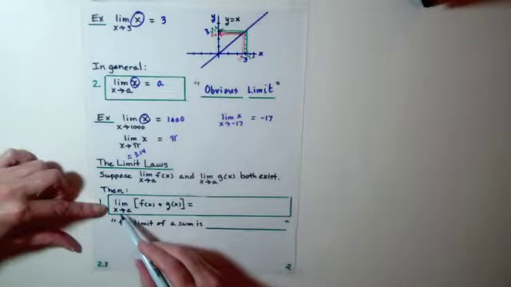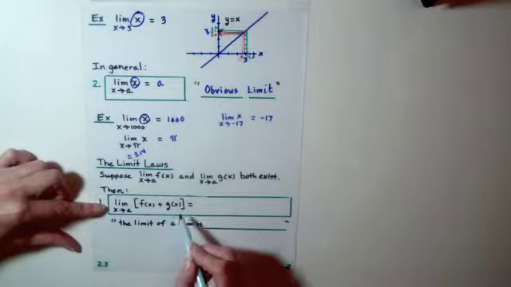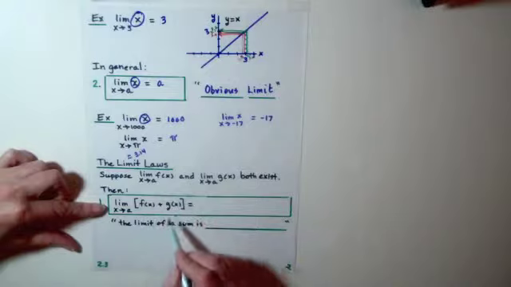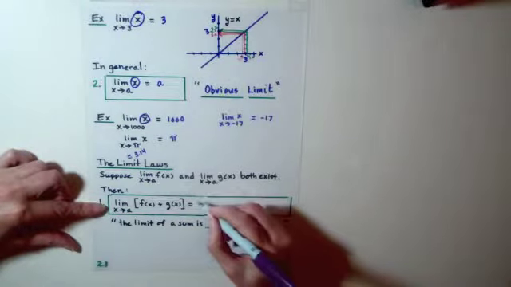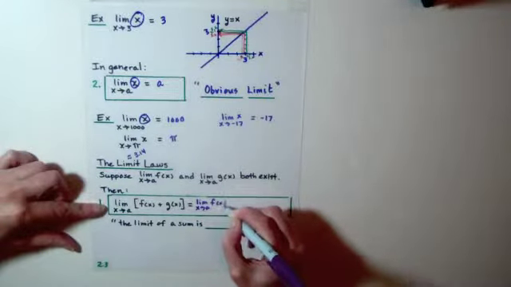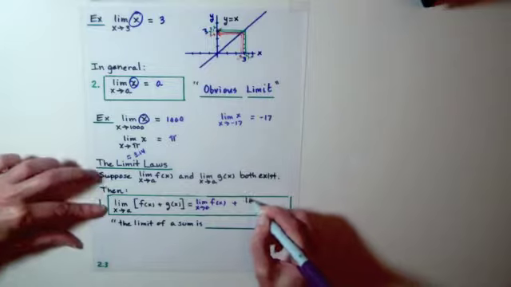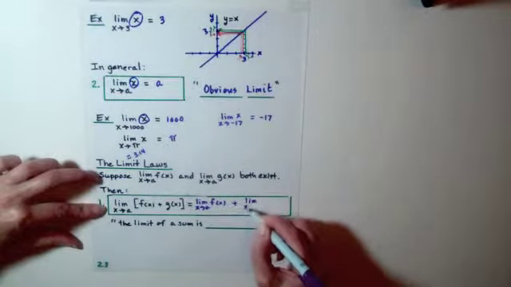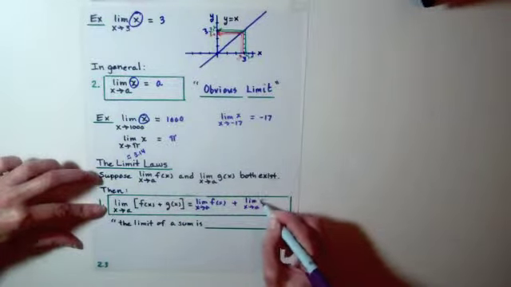In other words, the limit as x approaches a of f of x plus g of x, that more complicated sum function, can be broken down into two simpler limits. The limit as x approaches a of f of x plus the limit as x approaches a of g of x.